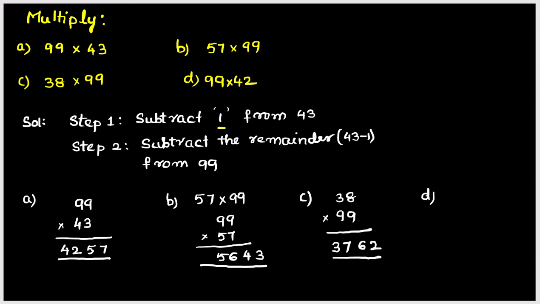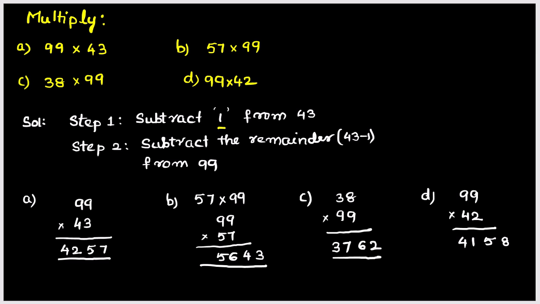Now let us check 99 into 42. Here this is a 2-digit number, 99 also a 2-digit number. First we have to subtract 1 from 42. We get 41. This 41 again you subtract from 99. 9 minus 1 is 8 and 9 minus 4 is 5.